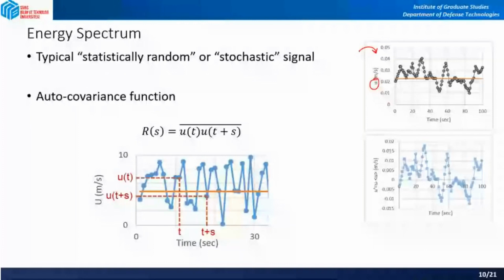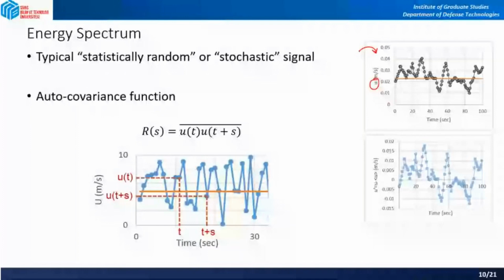So you select some time t and you select some t plus s. You will have two values of velocities. You take those, multiply those, and then get averaged. So this is an averaged value. In other words, you go to time t, get the u(t), and then at a certain time later, t plus s, you have this u(t+s), and in statistics we call this s the lag. So you multiply these two and get one number.